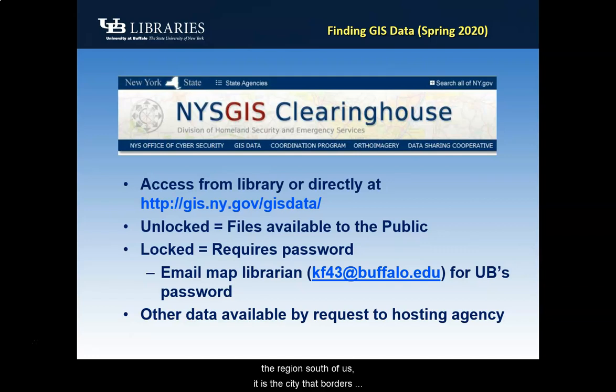If you aren't too familiar with the region south of us, it is a city that borders Buffalo right next to South Park Lake and the Botanical Gardens. This is a small city, and I was actually quite surprised to see they had data up. Of course, I clicked into the description and saw a contact listed instead. If I needed the data, I would have then reached out to him for it.